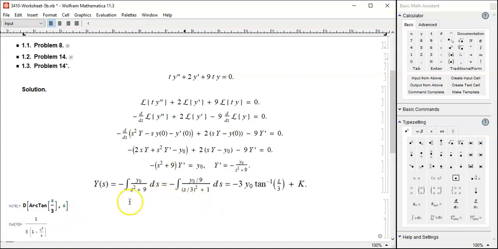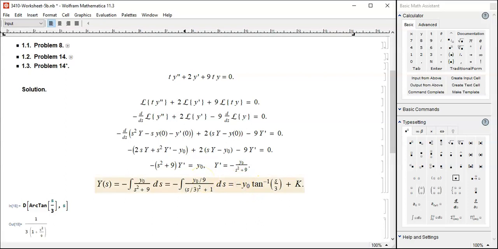Yeah, we need 1/3 here, but I have 1/9. Oh, I did it backward. So here should be 1. I'm getting a little bit confused here.